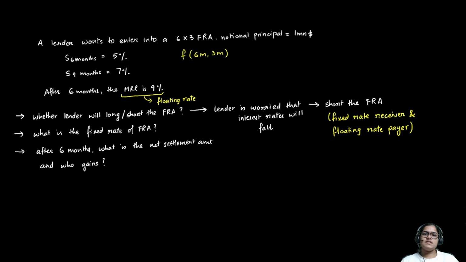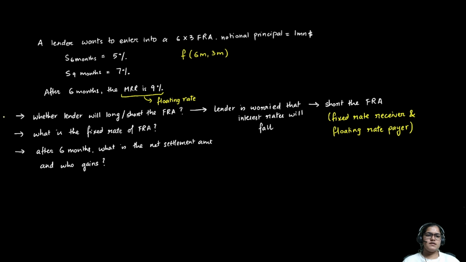I want to receive a higher interest rate. I want to receive a fixed interest rate. I want to protect myself against the risk that interest rates fall. So as a lender, I will be the fixed rate receiver, or on the other hand, I can say I will pay the floating rate.